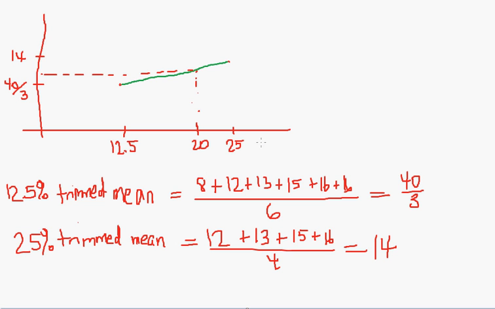To do this, we'll basically find the equation of this line. So the slope of this line is 14 minus 40 thirds divided by 25 minus 12.5.